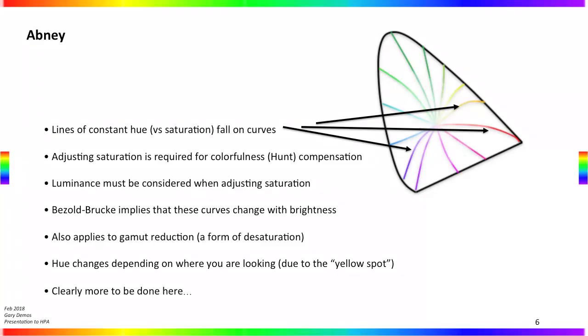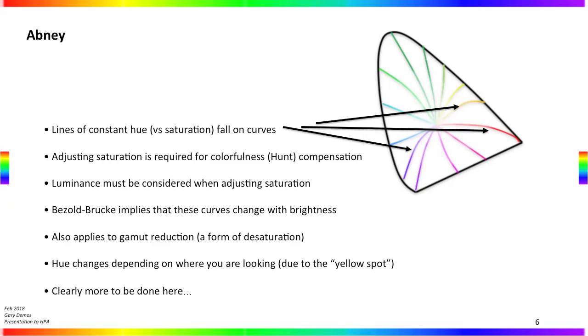So Abney says these things fall on curves. If you want to compensate for the colorfulness effect, which is that brighter things appear more colorful, and this includes desaturated things, it doesn't just mean flowers. Pastel paints become more colorful if they're brighter. You're going to move along a saturation adjustment.